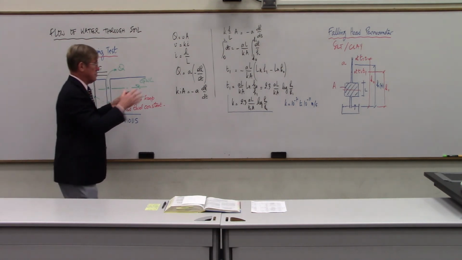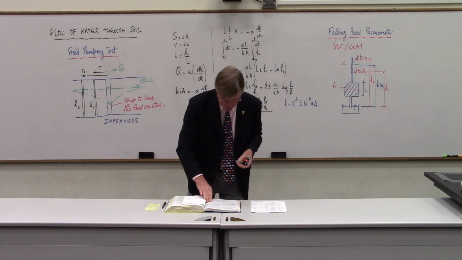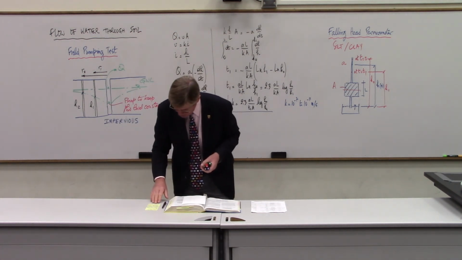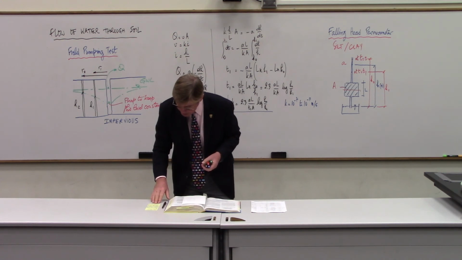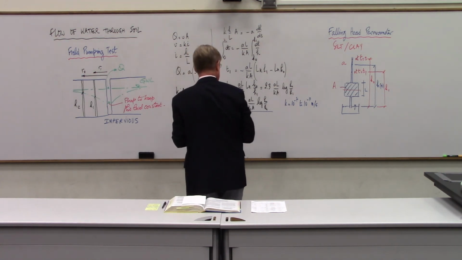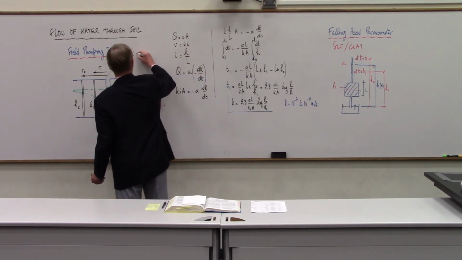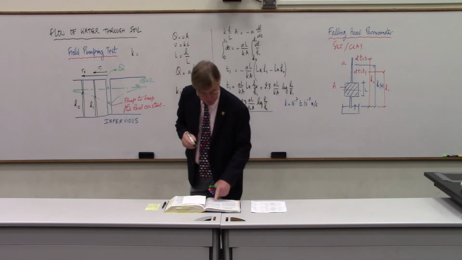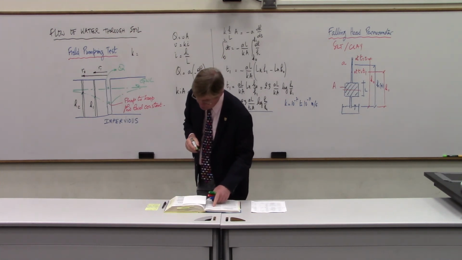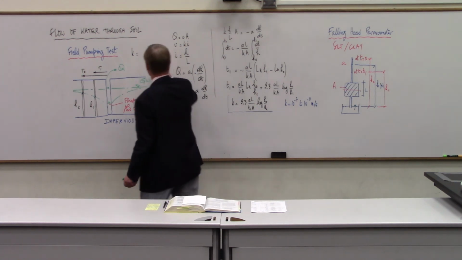And then we go through a derivation like this one, and the equation is, here we are, K equals Q log R2 over R1.